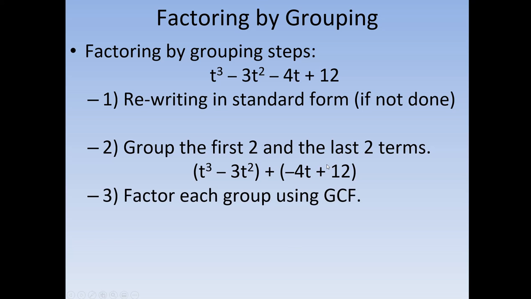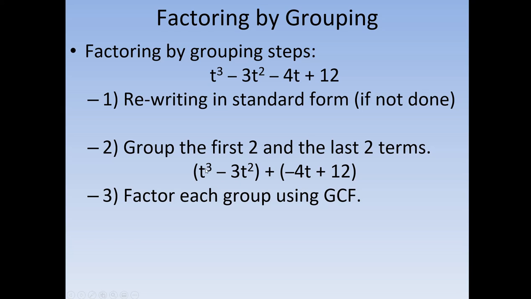Then what we're going to do is factor both of these groups using greatest common factor. So again, we're just rehashing everything that we did before. Looking at this first term, there is no common coefficient, but they do share a t variable. And in fact, the smallest exponent on our t is a 2.